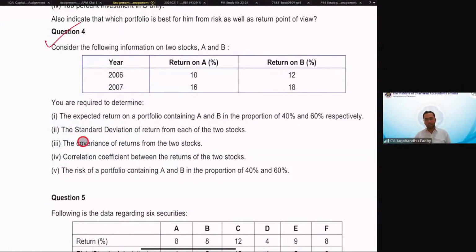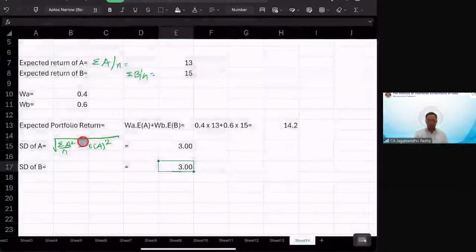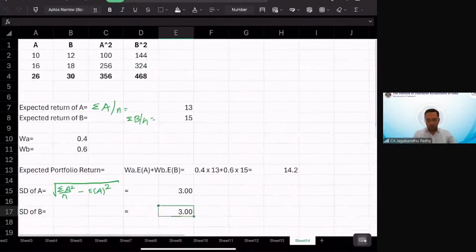Then we want the covariance of returns between the two stocks. Now, how do we get the covariance?